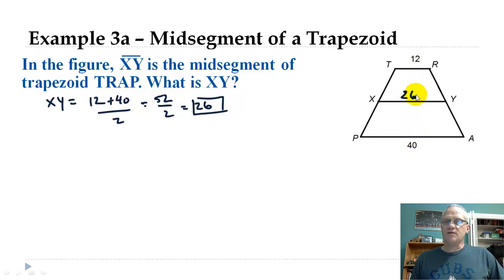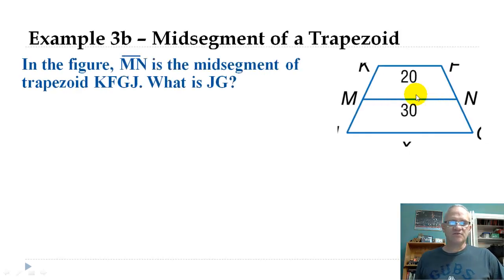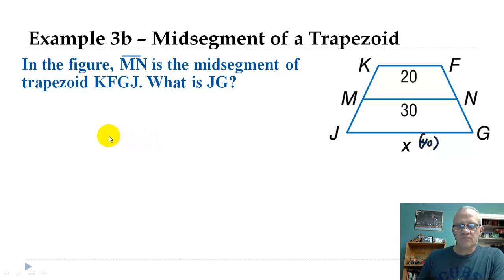So that might be another way you can approach the next example here as well, because look, we have 20 and 30. So using what I just talked to you about before with some logic there, you go, well, if 20 is 10 units away from 30, what should this be here? It should be another 10, which would make this 40, right? Well, let me just show you how that works.